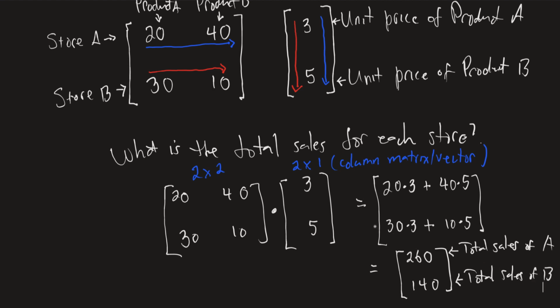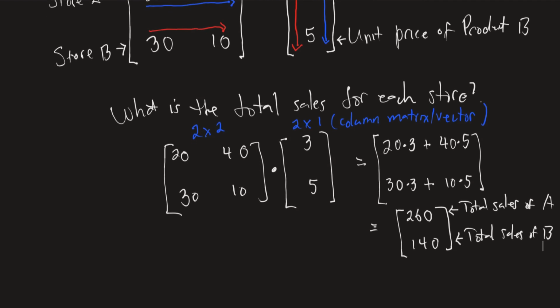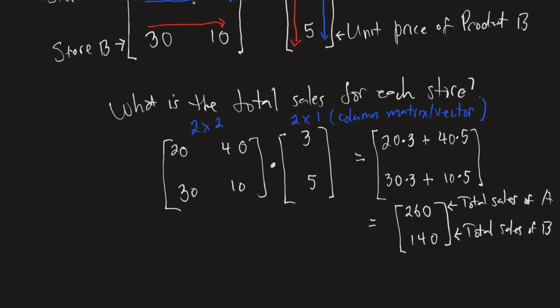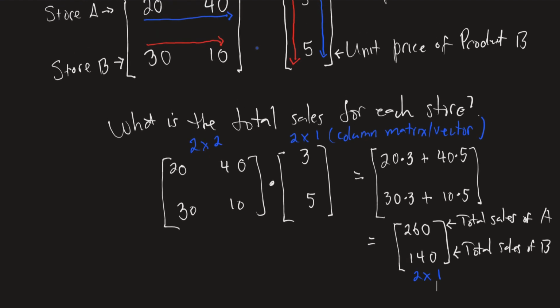Right? And notice what we end up with. Somehow we end up with another 2 by 1, which is kind of interesting in its own right. So this is again a matrix that has only 2 rows and 1 column. So this idea, again, let me go back up here.